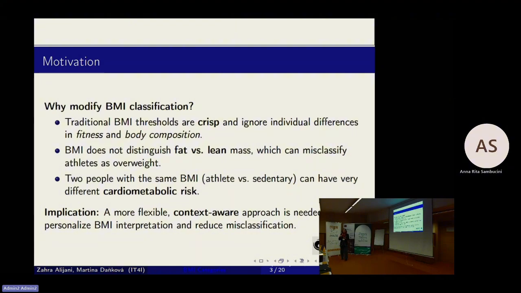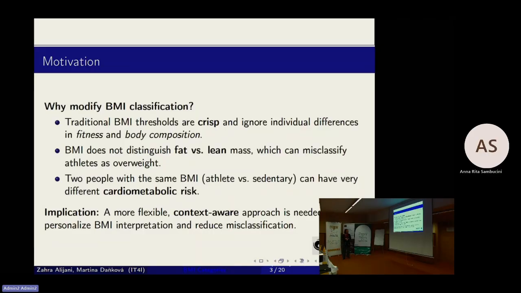And it doesn't distinguish fat versus lean mass, which can misclassify athletes versus overweight people. Two people with the same BMI, an athlete or a sedentary person, can have very different cardiometabolic risks.